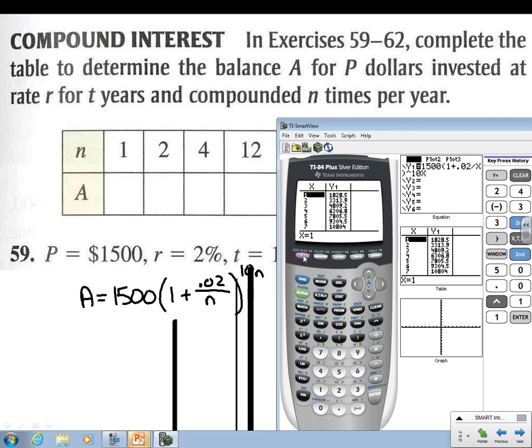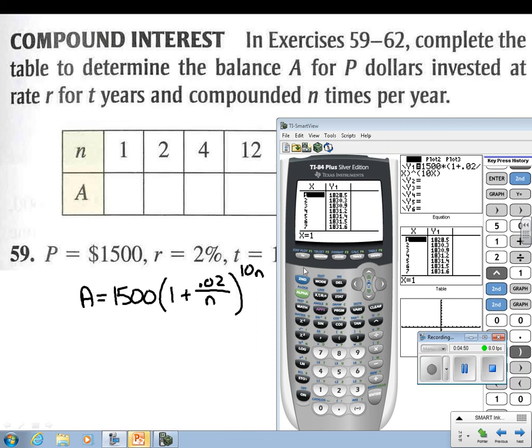Let me check our y equals, see if I made a mistake here. All right, so I found my mistake here, and the problem is that I wasn't putting the 10x in parentheses.